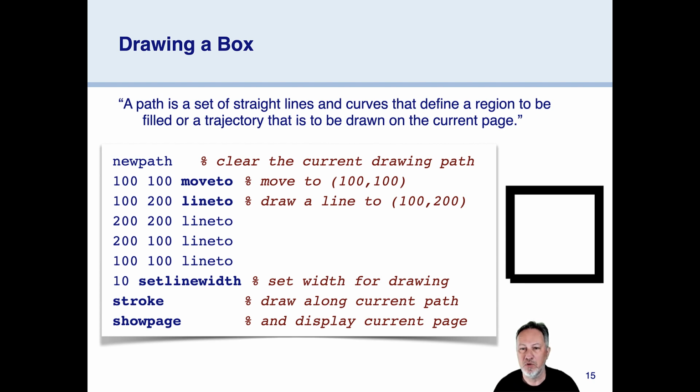So now we have drawn something on our sheet of paper, but we haven't printed it yet. Finally, if we say show page, that means we're done with the sheet of paper, we send it off to the printer, and it gets printed. So you can actually take this program and send it to your favorite PostScript printer, and it should produce a piece of paper with this thing drawn on it. Let's have a look at what that looks like.